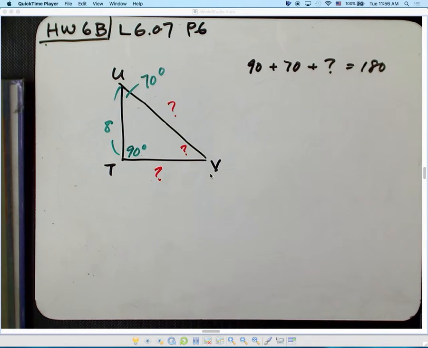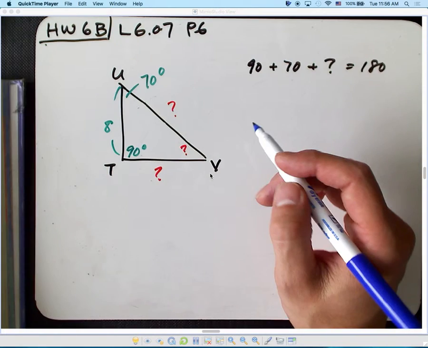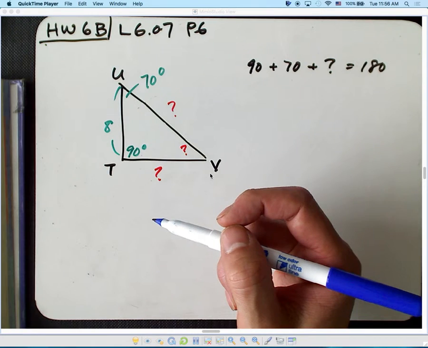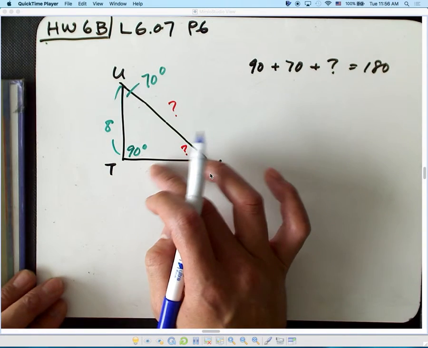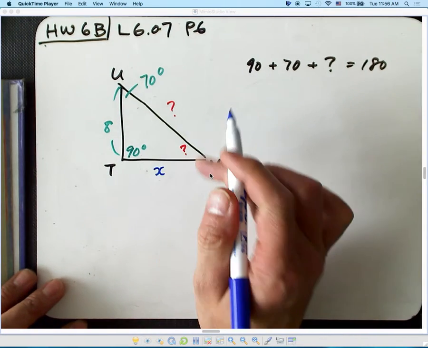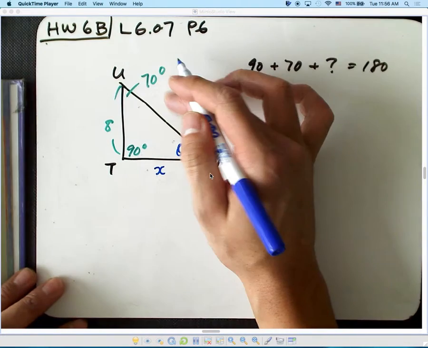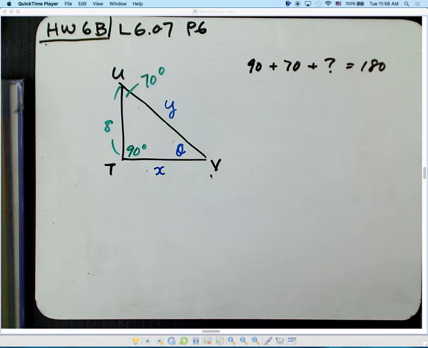So, how do I explain so that I don't have to give you too much, right? Well, so let's call this X, and let's call this theta, and let's call this Y, right?